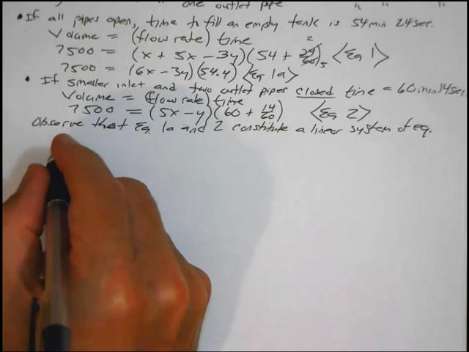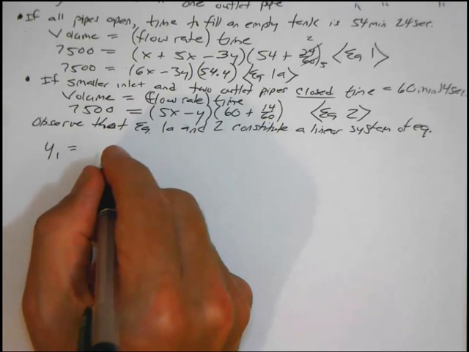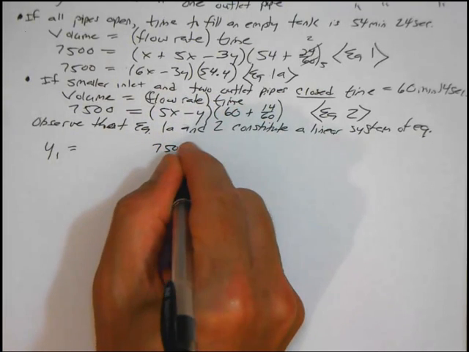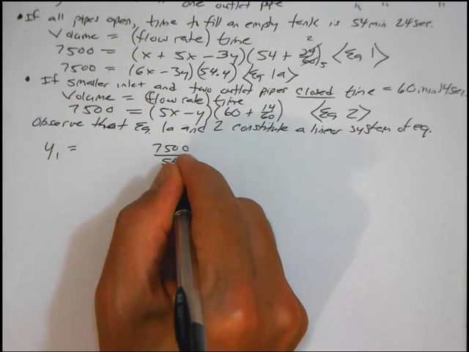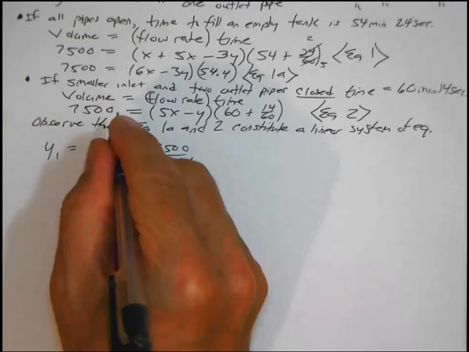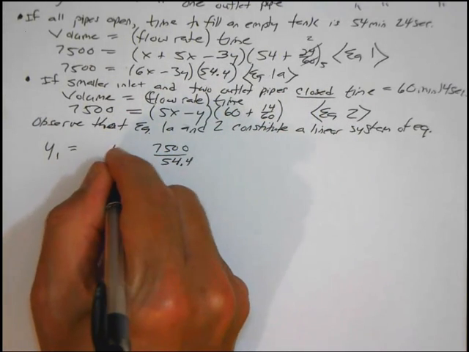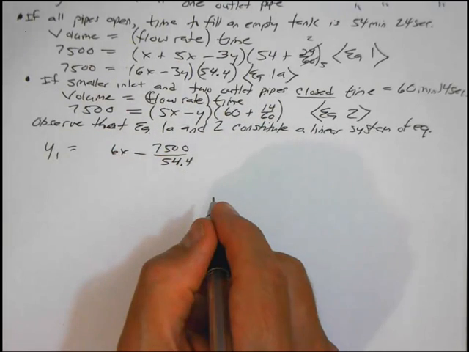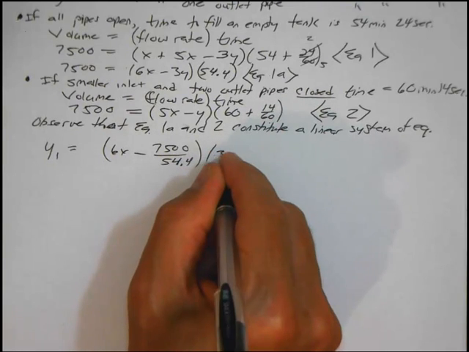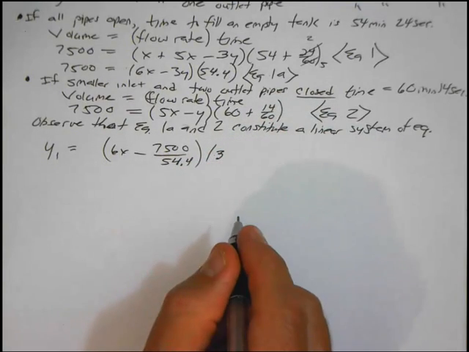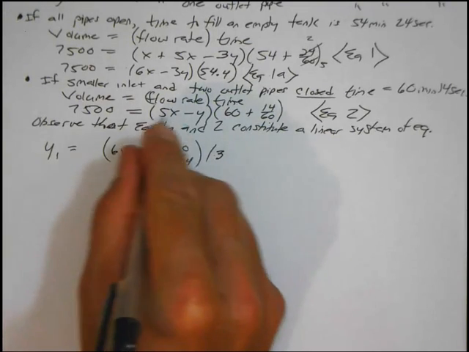We'll have y1 equaling 7,500 divided by 54.4, then there's that minus 6x, but then we multiply both sides by -1. So then the 6x ends up like that, and then it's divided by 3 to finish out.